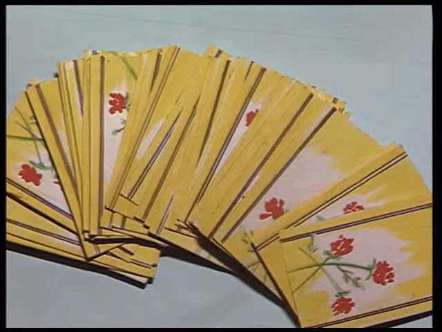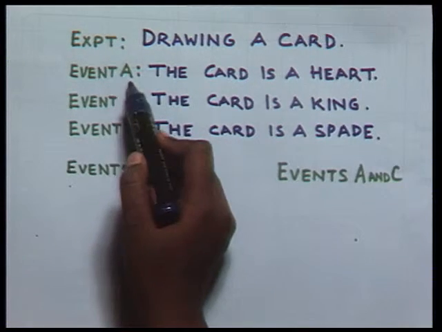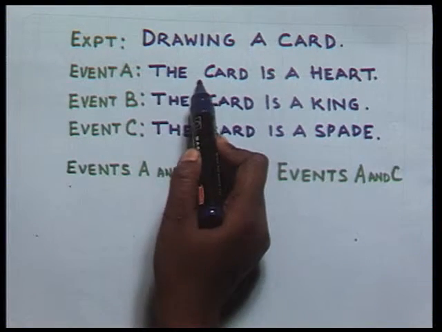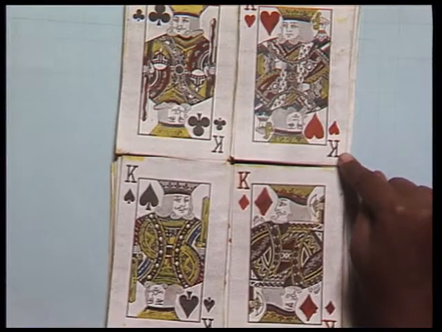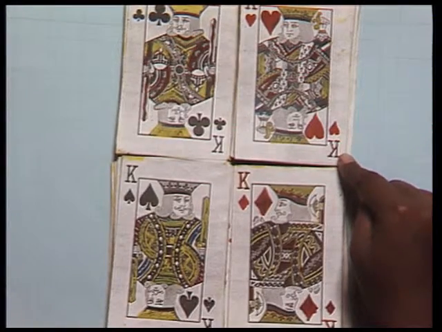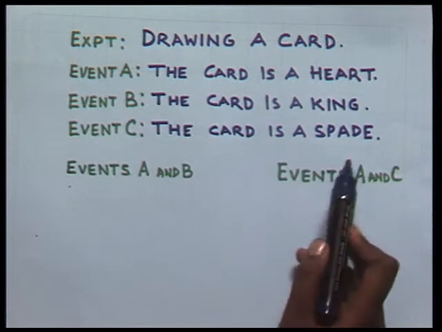So, the sample space has 52 outcomes. Now, let us say that the event A is described as the card is a heart, event B, let us take it as the card is a king, and event C as the card is a spade.